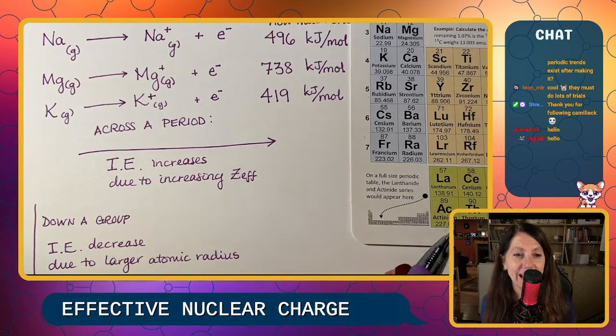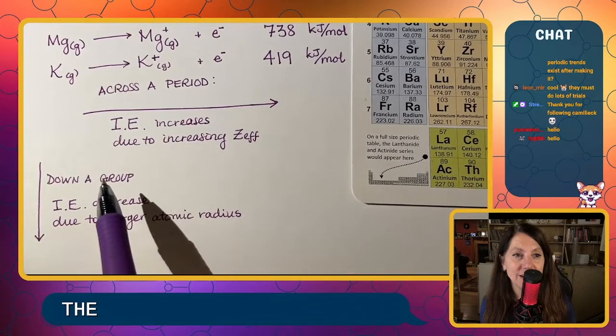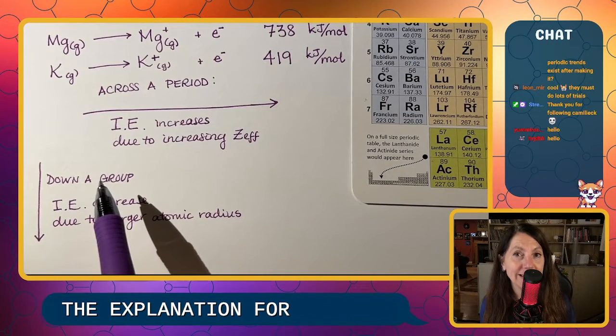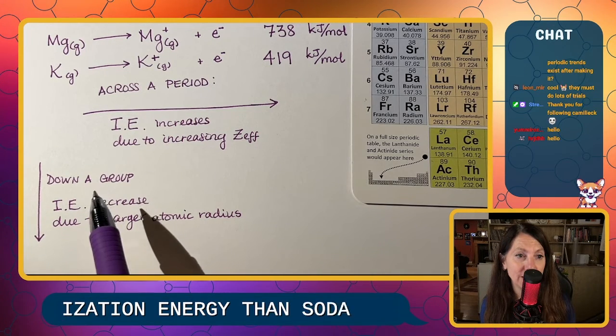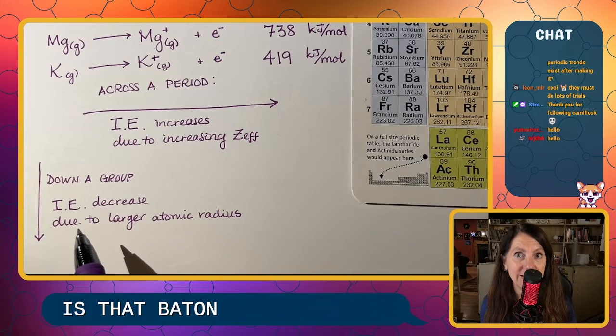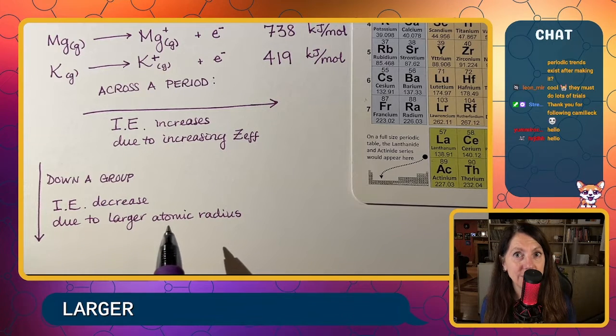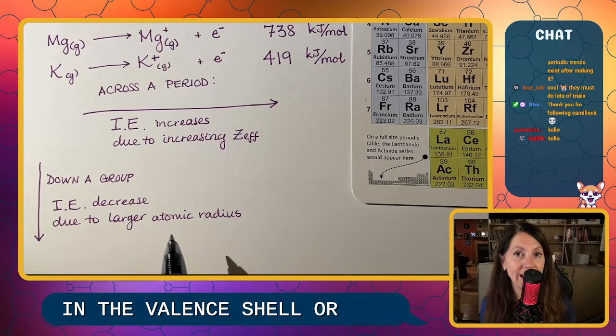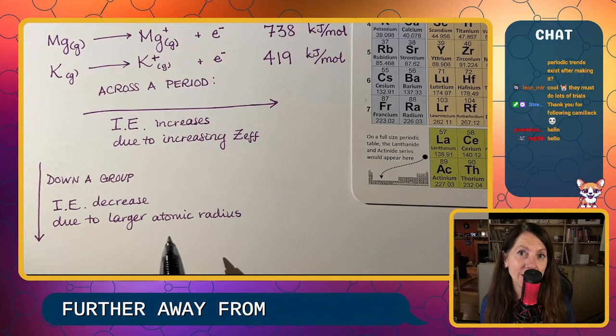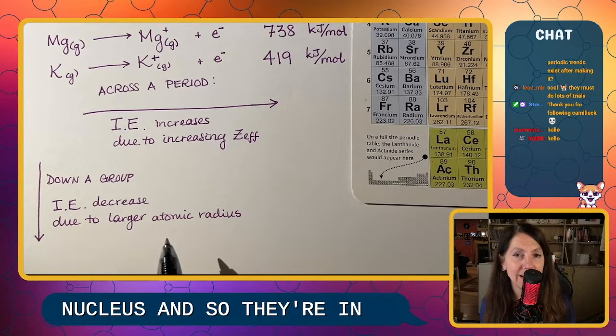Okay. The explanation for potassium having a smaller ionization energy than sodium is that potassium is a larger atom. The electrons in the valence shell are further away from the nucleus, and so they are not held as tightly.